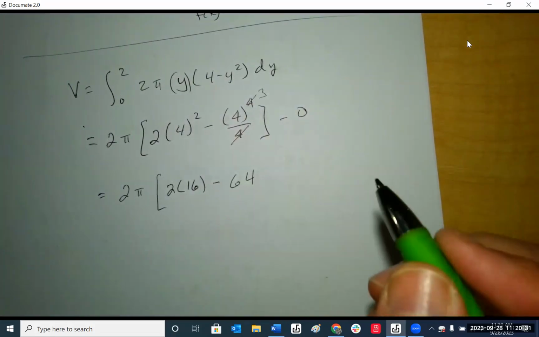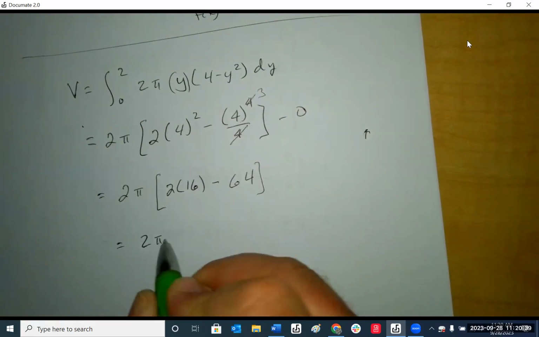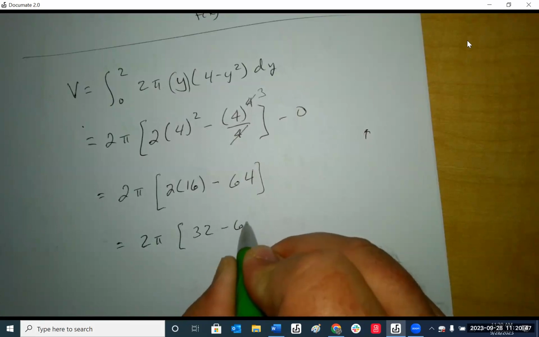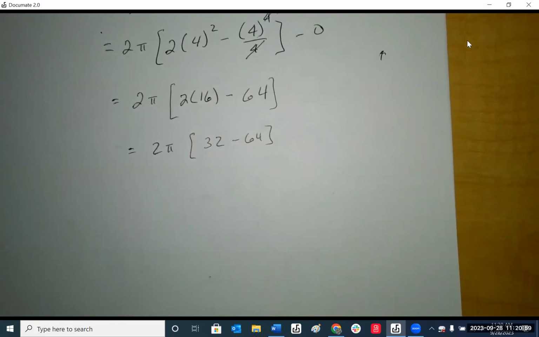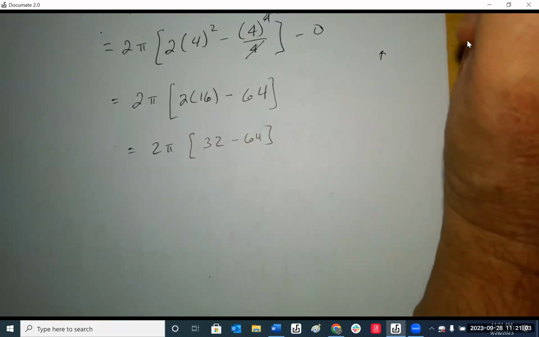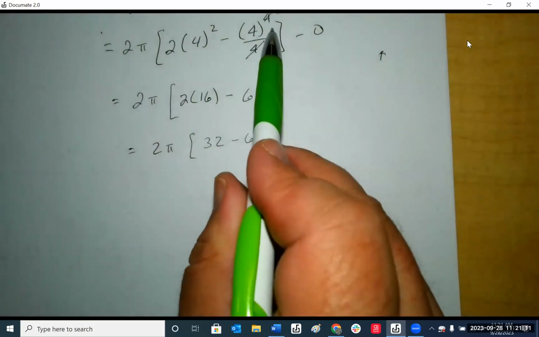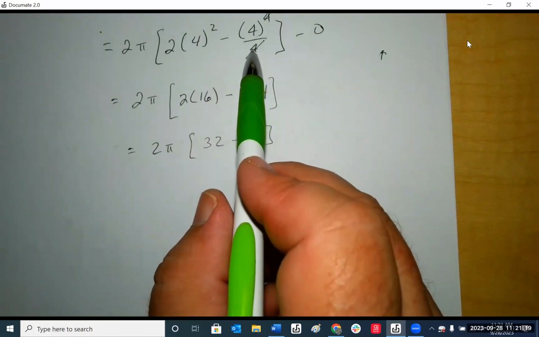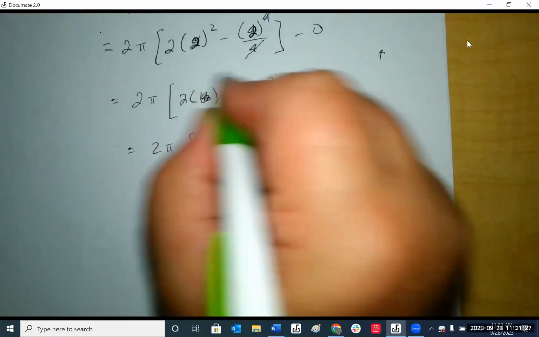So we have 64. 32 minus 64. I'm missing something here. 2y squared, y to the fourth over 4. Oh, it's not 4, it's 2. So this is 4.